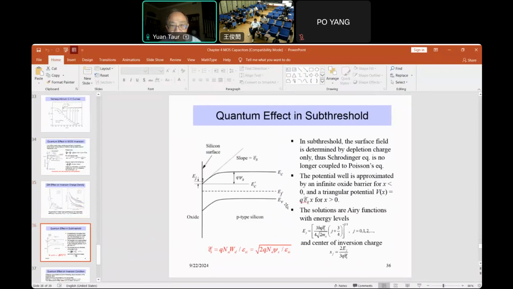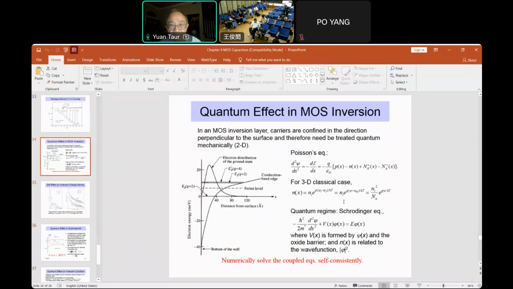Now, there's one case that we can solve the quantum effect better. That's in subthreshold. In subthreshold, we can actually decouple the two, because in subthreshold, the inversion charge is negligible. So when we solve the Poisson equation, we don't need to know the electron density, right? Because it's negligible.